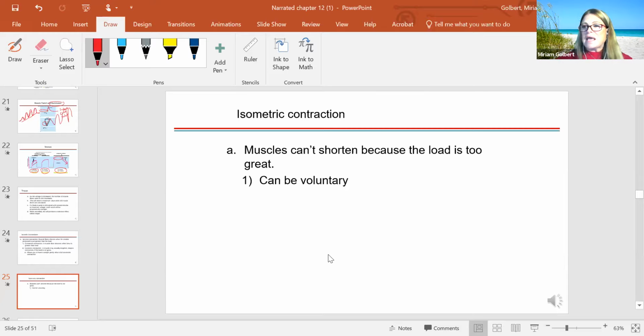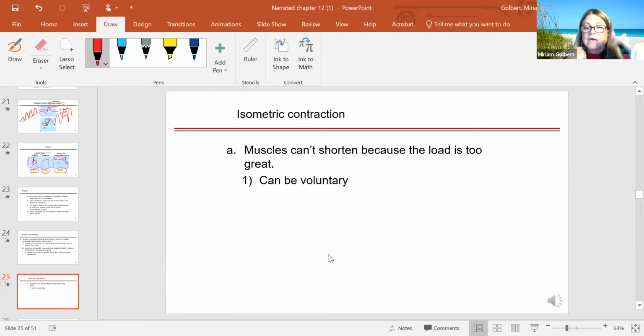If you're standing and you push, you can feel the contraction. Even I'm doing it right now. If you push on your table, you can feel the contraction, but you're not lifting any weight. Or when you want to keep your head straight, right? I mean, the neck muscles need to be in isometric contraction.